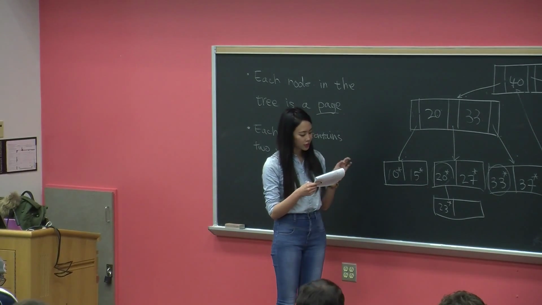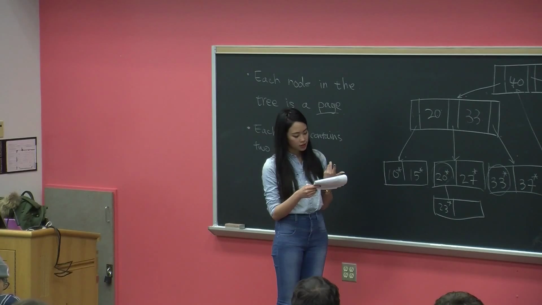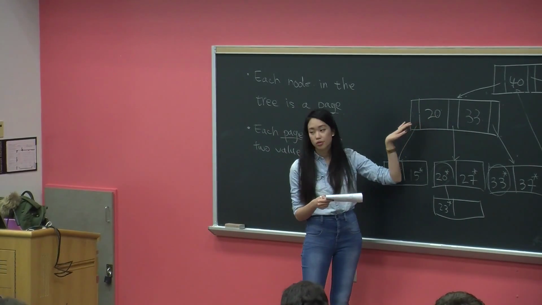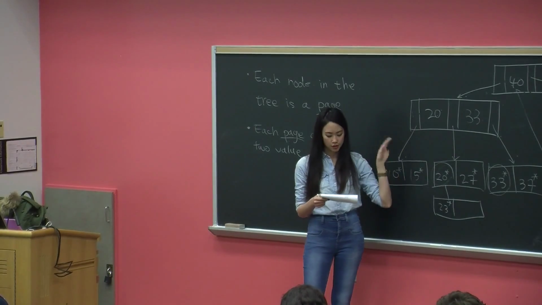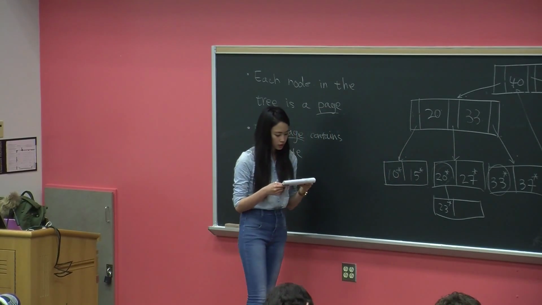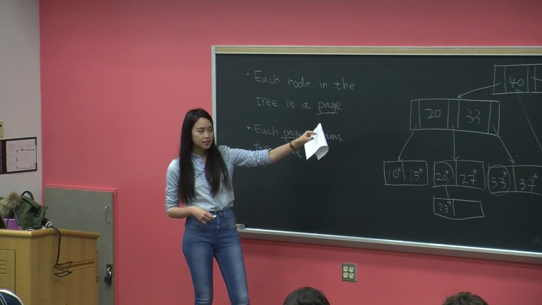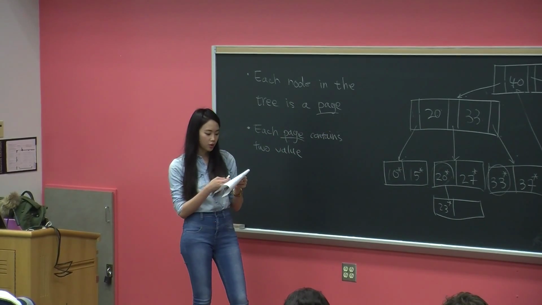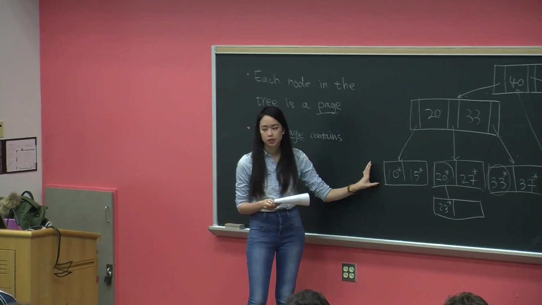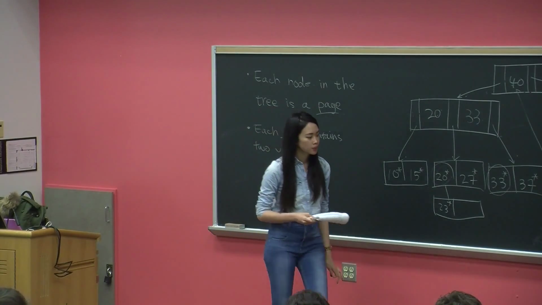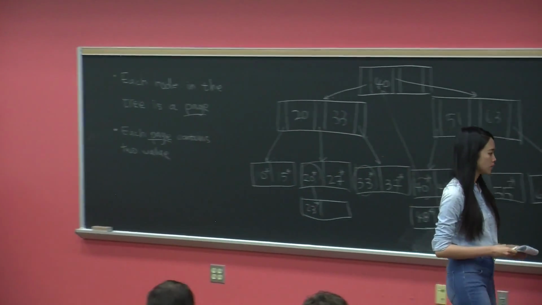I think that's not a very good way of putting it. Maybe think of it as number of children per index page. So for example, right here, F will be 3, because it can point to 3 pages. Okay? So we want to represent the height in terms of F and N, where N is the number of leaf pages right here. Can you think of how we can do it?